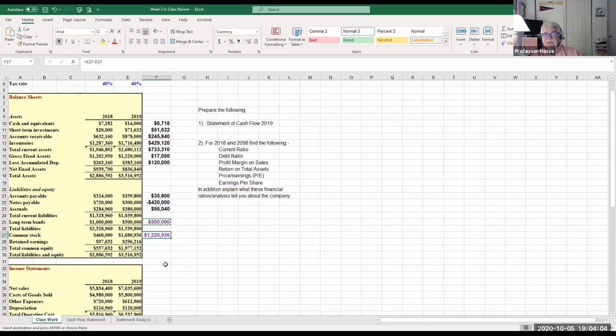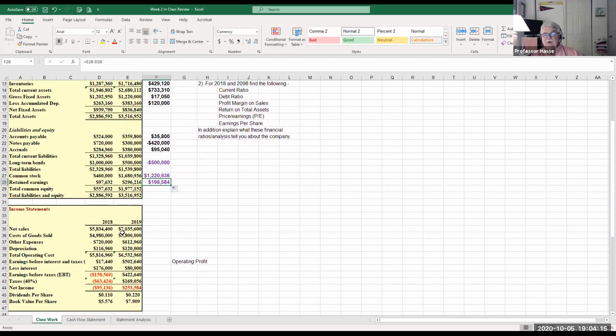And then finally, notice our retained earnings. You probably forgot all about it, but when you are an accountant and you close the books of a corporation, you close out all the revenue and expense accounts and dividend accounts to retained earnings every year. If I take my net income, 253,584, and subtract out my dividends paid, 55,000 for 2019, I get the delta of retained earnings, 198,584.